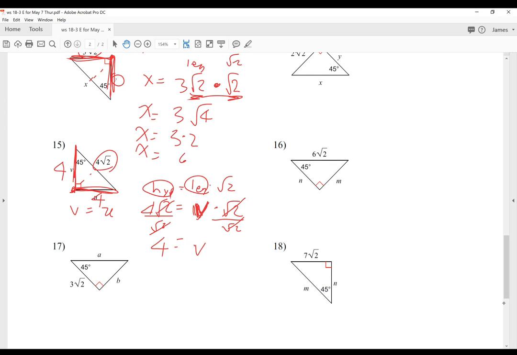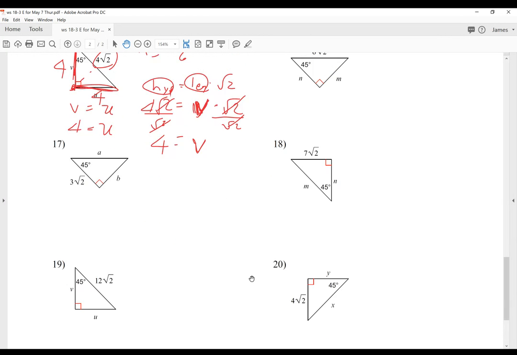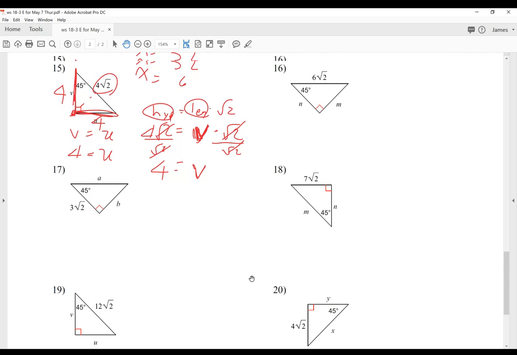Okay, so if V is 4, then U is also 4. So since you already have square root of 2 in the hypotenuse, it's easy. But later on, you will not have that. It will be like square root of 18, and you need to simplify that, and that will take some time. Okay, but for this one, I try to make it as simple as possible so I don't scare you.